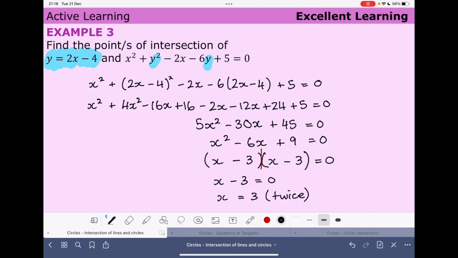We need to just find the y coordinate, and again, as we just discussed, we're going to go back to the line equation, so y equals 2x minus 4. We're going to consider this when x is equal to 3, and we get y equals 2 lots of 3 minus 4, and so y is equal to 2, giving us our point of contact of 3, 2.